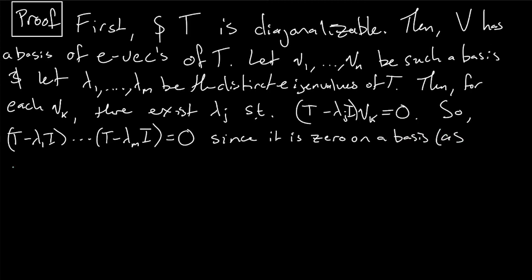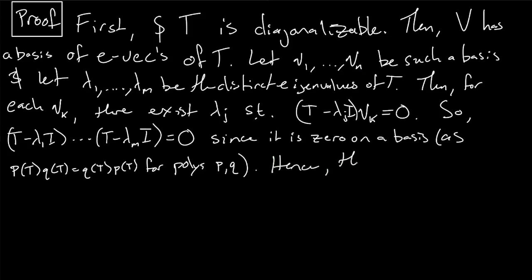And this just follows from the fact that P of T, Q of T equals Q of T, P of T for polynomials P and Q. That is, polynomials of an operator commute with each other. So you can flip the order of any of these terms there and zero out this entire basis of eigenvectors. Oh, sweet. Okay.